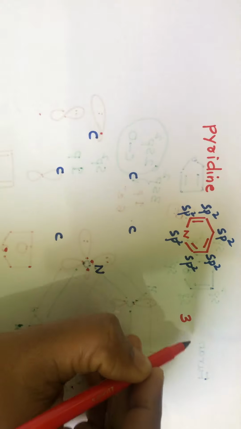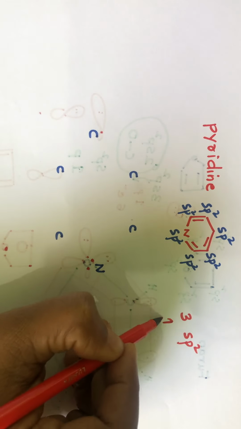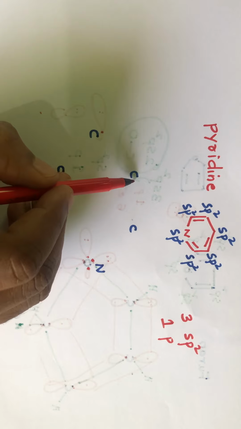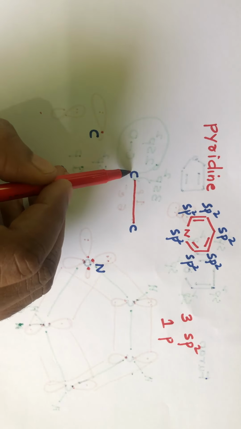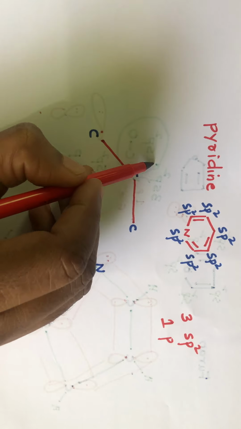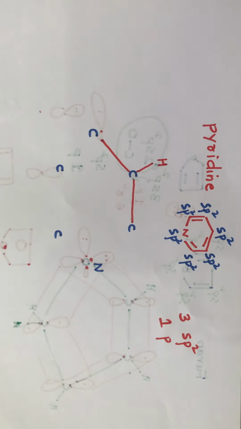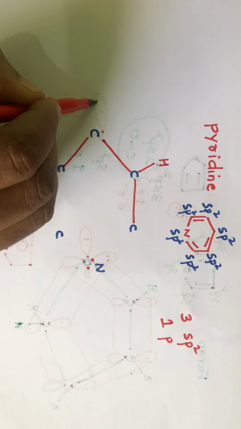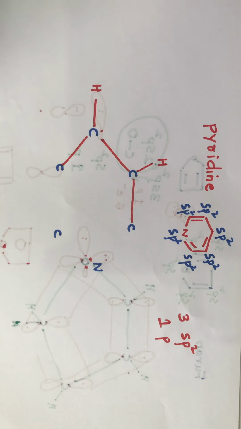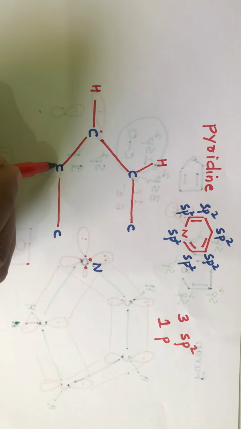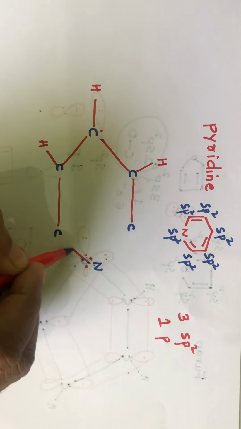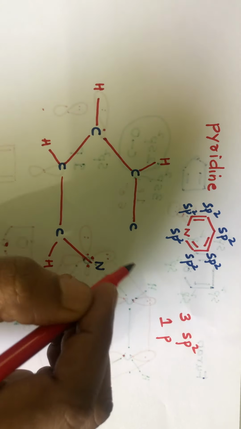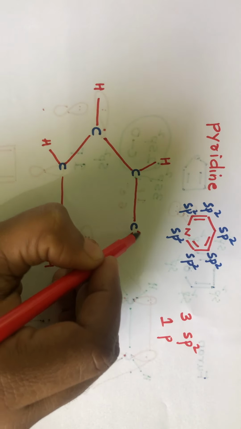Since the hybridization is sp2, it will have 3 sp2 hybrid orbitals and 1 unhybrid p orbital as usual. One sp2 is utilized to form a bond with a carbon, another sp2 with the next carbon, and another sp2 with hydrogen. Same here, and the same for this carbon.